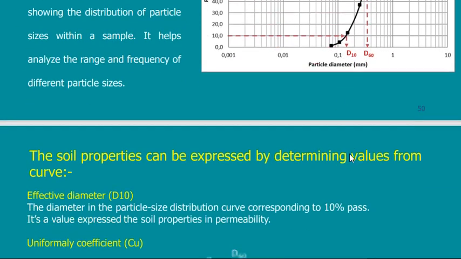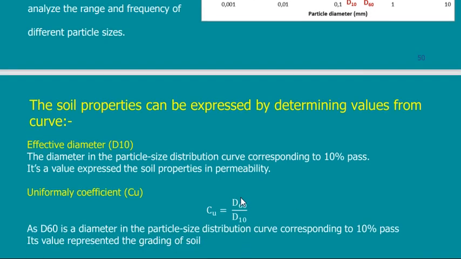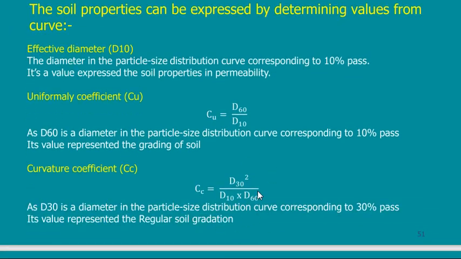These two numbers are important. You just take them, divide them by each other, you get something called CU, put it in this equation to get CC. This CU and CC are very important in defining the sample and how it is very well graded or not graded.